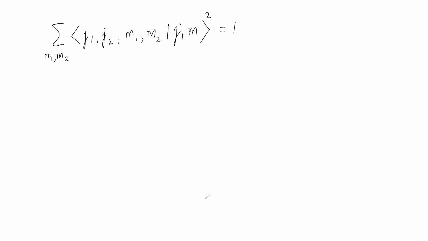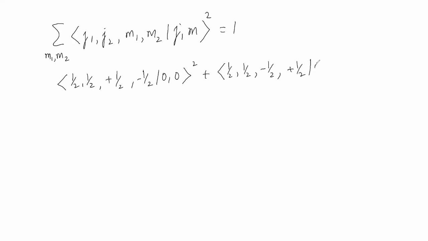This implies that half, half, plus half, minus half, 0 0 square, plus half, half, minus half, plus half, 0 0 square must be equal to 1, is it not?